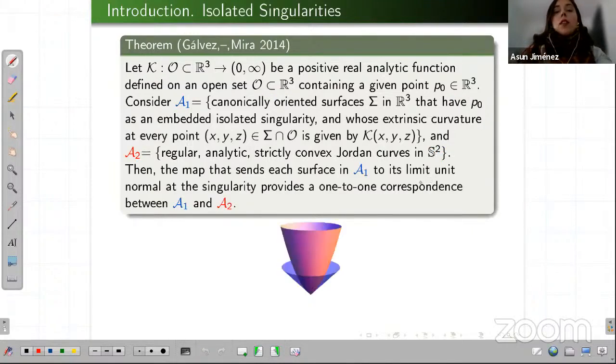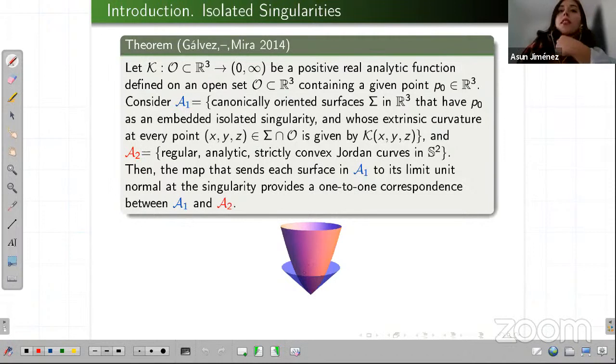In some sense, what we are saying here is that if you have an isolated singularity for the prescribed equation, you will have a limit tangent cone at that singularity, which will be strictly convex. And conversely, when you fix a certain strictly convex tangent cone, you may associate the tangent cone to the unit limit normal in a one-to-one correspondence.